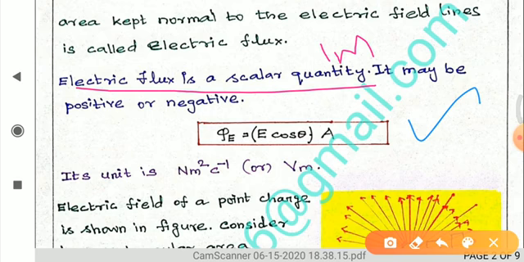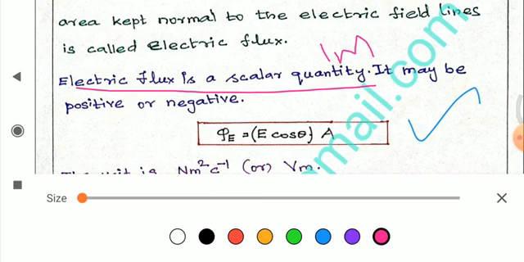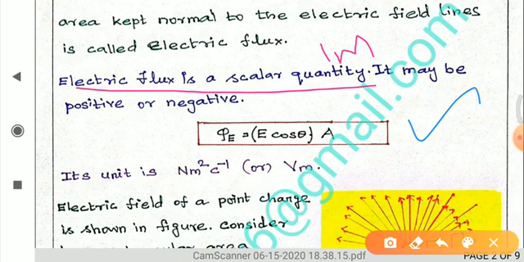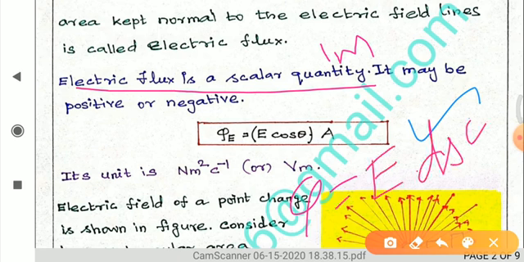In some guides you can see that the electric flux phi is given by E dot ds, or E ds cos theta. Here ds is the area of the cross section we have considered, and E is the electric field. What is the meaning of cos theta?